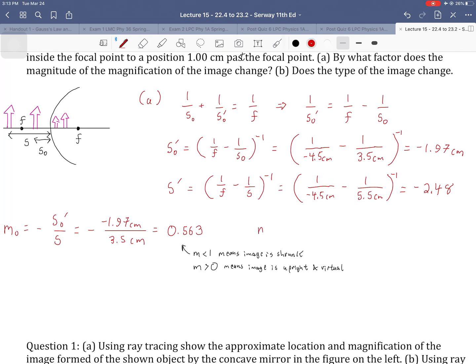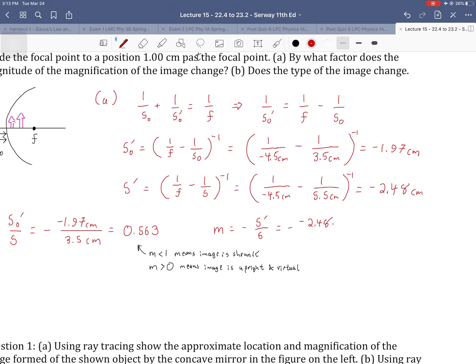Okay, and then let's do the same thing for M. So M would then just be negative S prime over S, or negative times negative 2.48 centimeters, which I left off there, divided by 5.5, which gives us 0.45.